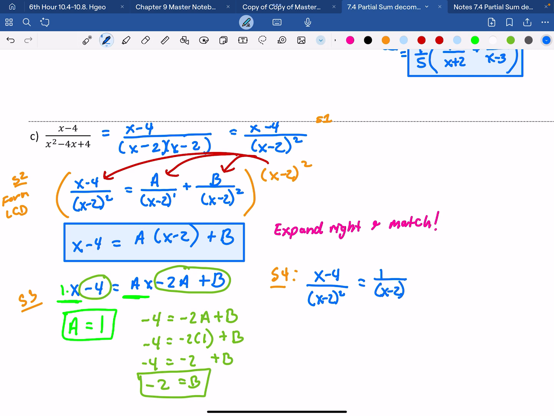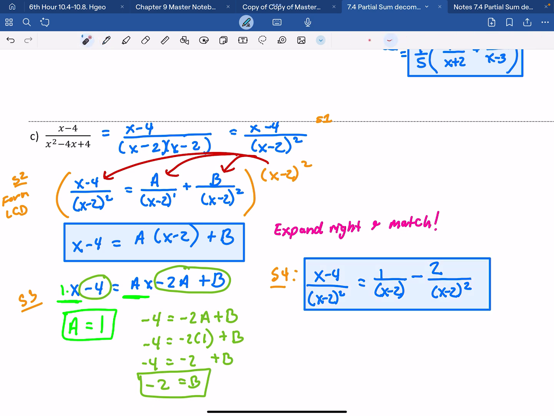Keep in mind b is -2, so I'm just going to write 2 minus right there for the negative, all divided by (x minus 2) squared. Again, if you're not seeing where I was putting those values, a was put here, b was put here, and because it's -2, this would be a -2 on top. Well, this and this becomes a negative, positive and a negative. And there's your partial fraction decomposition.